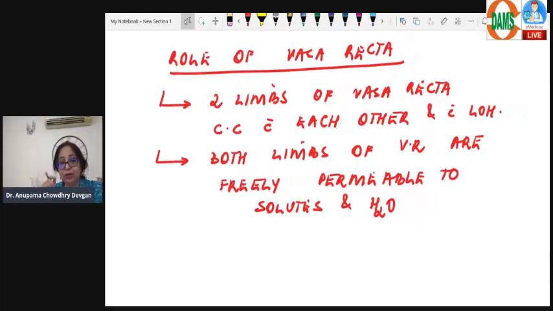This is very, very important because if you remember, cell membranes are actually semi-permeable, but vasa recta is very unique because both limbs are freely permeable to solutes and water.